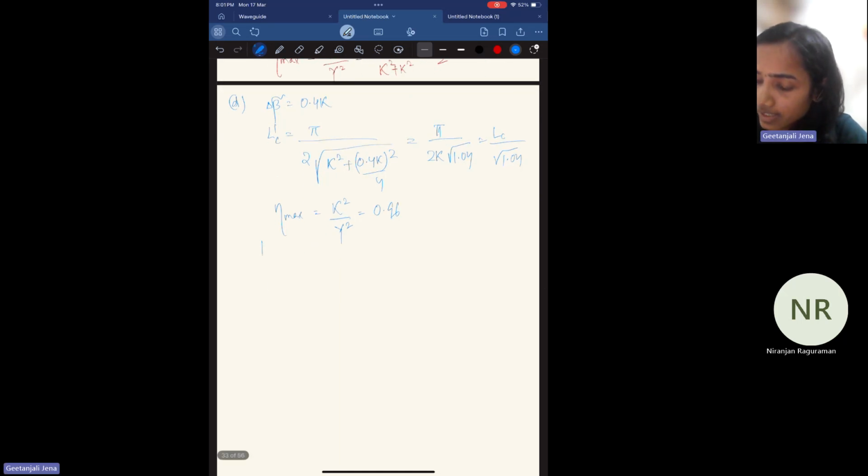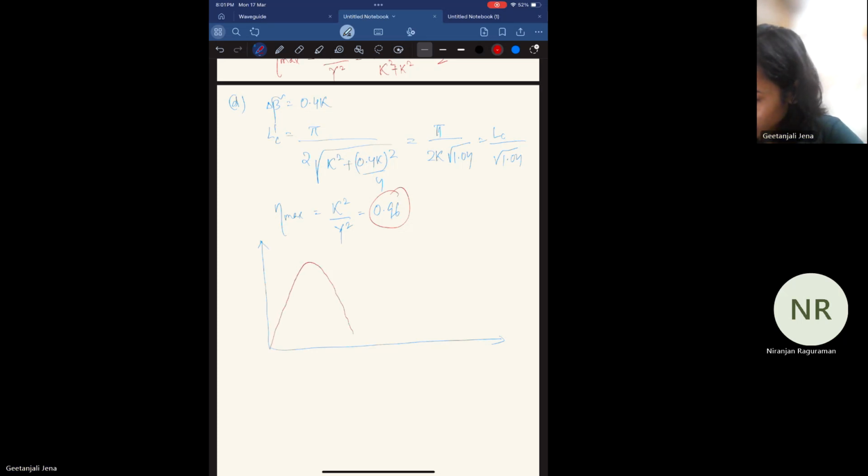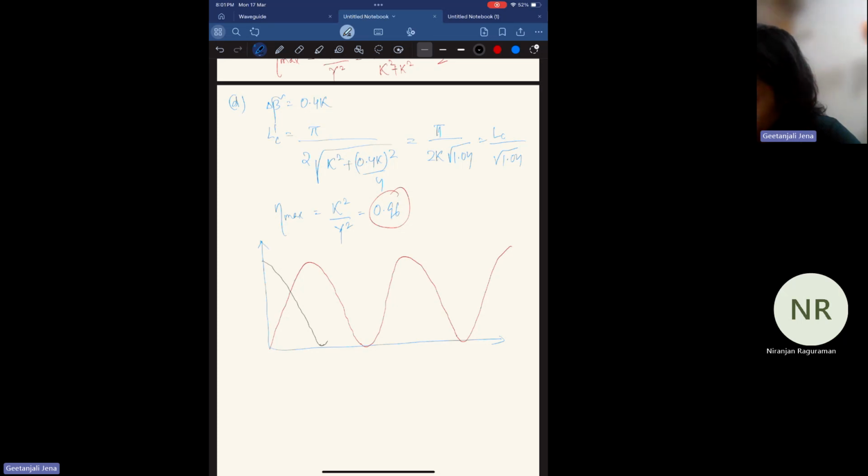In this case, we'll see that when you decrease the phase mismatch further, the coupling efficiency increases. Now 96% of the power can be coupled to port 2, and the remaining 4% will remain in port 1. So for port 1, this will not touch the horizontal axis because 4% will remain in port 1.